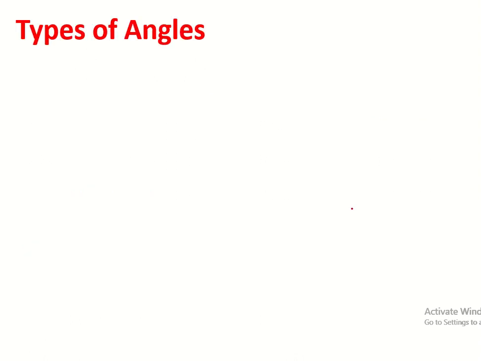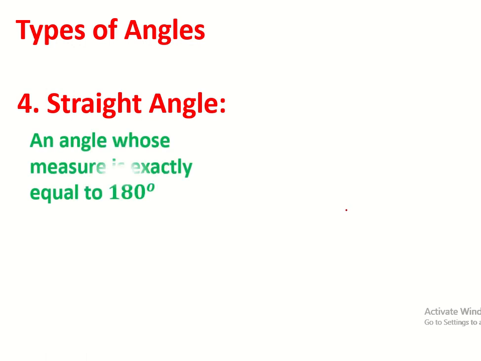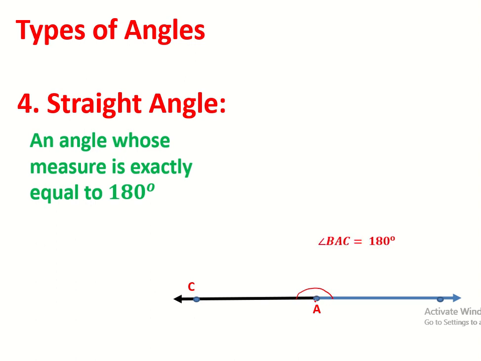Then we have the straight angle. It is the angle whose measure is exactly 180 degrees, and here if you can see, the two rays having the same initial point A are forming a straight line. So the measure of this angle is 180 degrees.